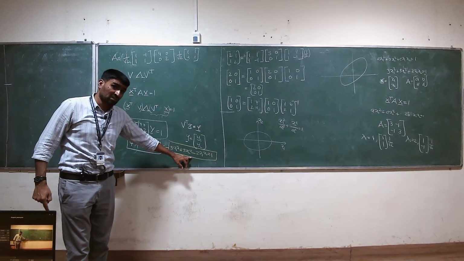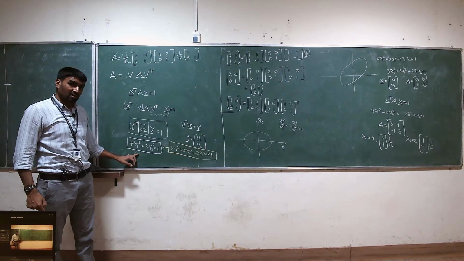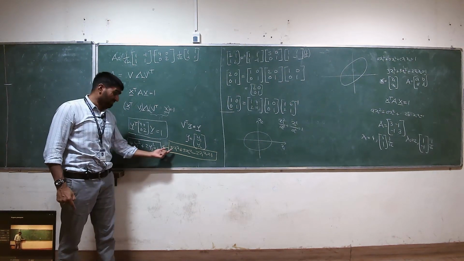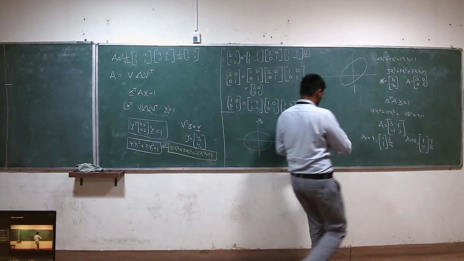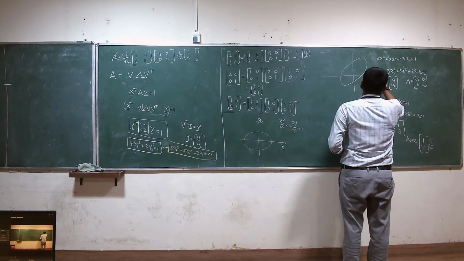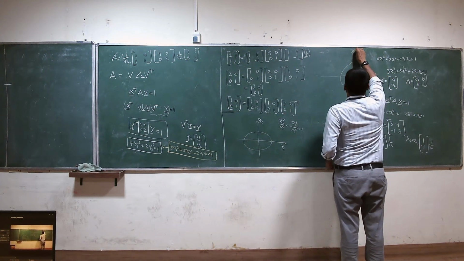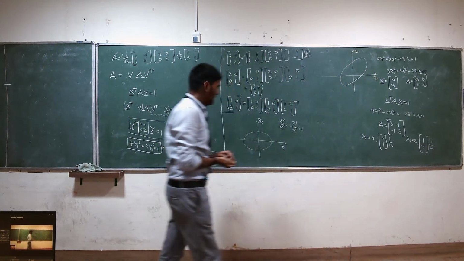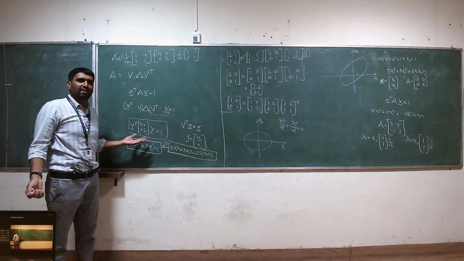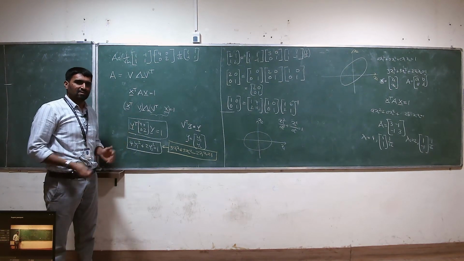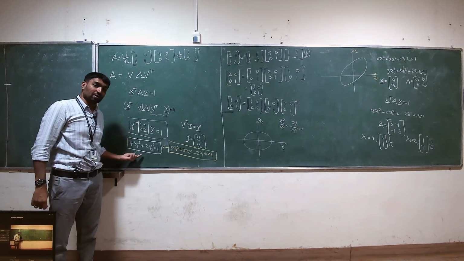You started with this equation and ended up with this. They are not the same equation, because the variables are different. This is in terms of x1, x2, but this one is in terms of some other variables, y1, y2. We don't know what that is yet. But this is definitely simpler.